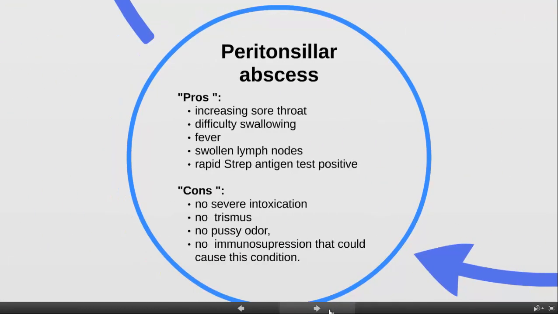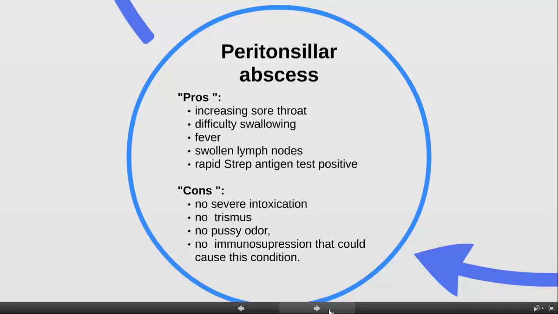We may think about peritonsillar abscess because it's again sore throat, difficulty swallowing, fever, swollen lymphatic nodes, and strep test antigen positive. So it may be peritonsillar abscess. But I don't think about it now because the patient doesn't have enough time for abscess development.